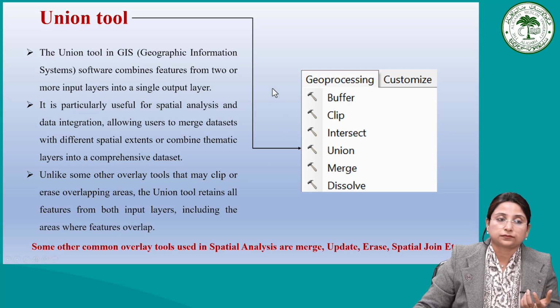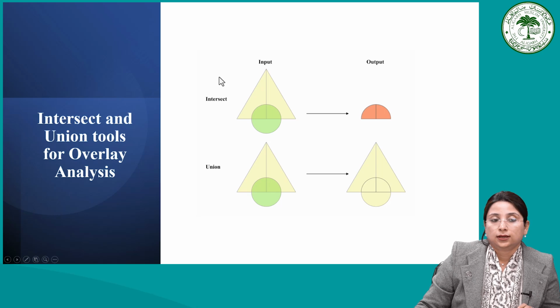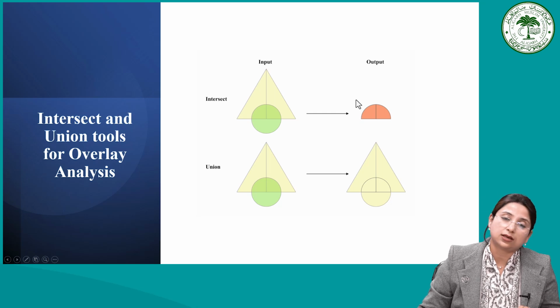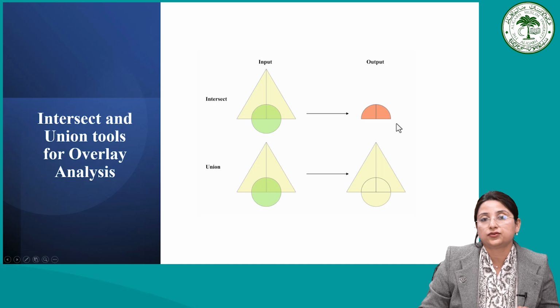You can see here on the screen how the intersection tool worked. You can see two different input layers, one is a circle and another is a triangle. In intersection, we have just extracted the overlapped area. So this output is received.